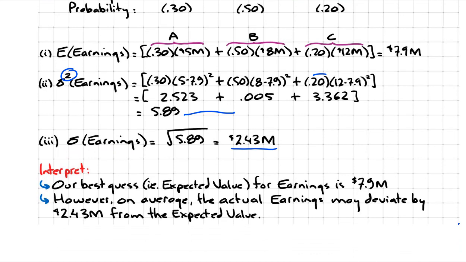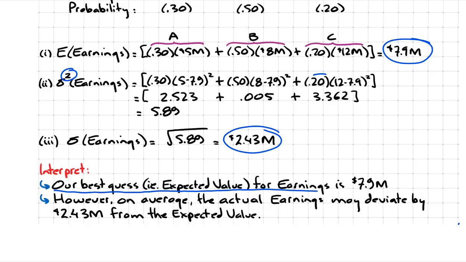So how would you interpret all the values we calculated, namely 7.9 million for the average and 2.43 for the standard deviation? Our best guess, i.e. the expected value for earnings in the future, is 7.9 million. However, on average, the actual earnings may deviate by 2.43 million from the expected value.